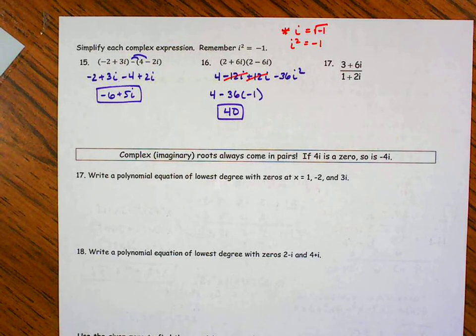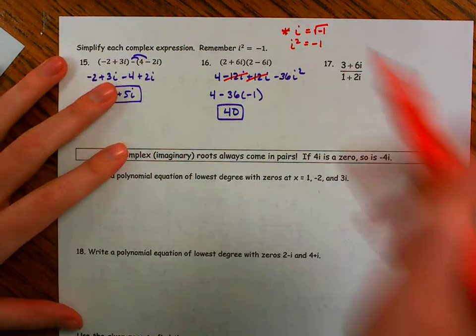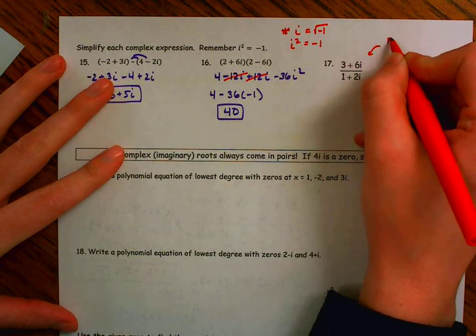So for number 17, when we simplify a rational expression that has complex numbers in the numerator and the denominator, really we're just trying to get the complex number out of the denominator, that i term. The way we do this is by multiplying by the conjugate.